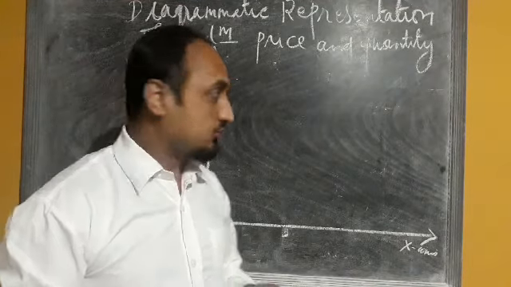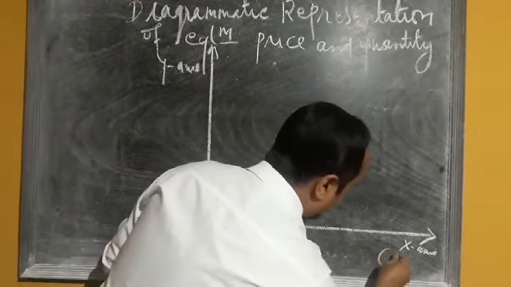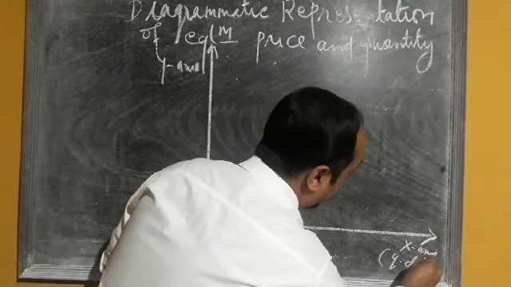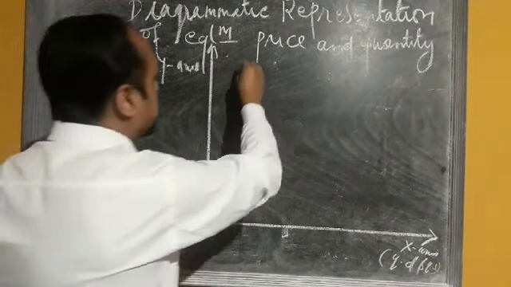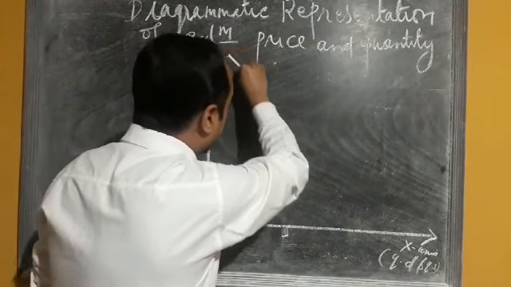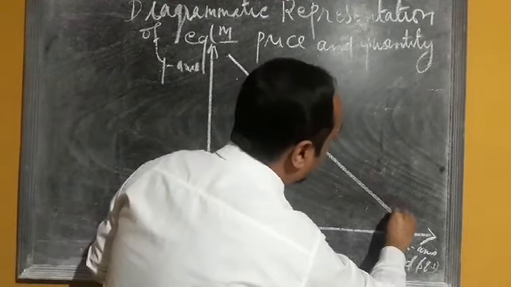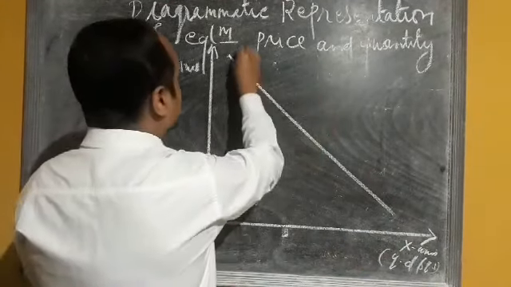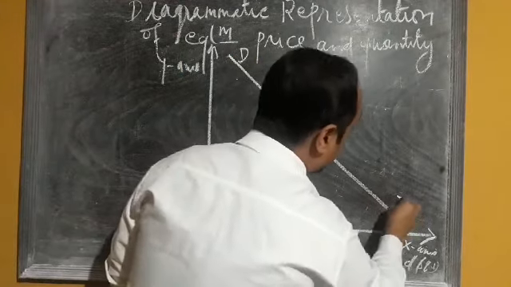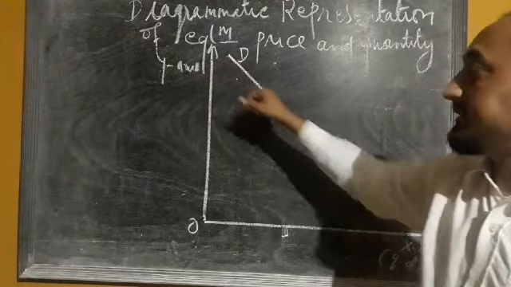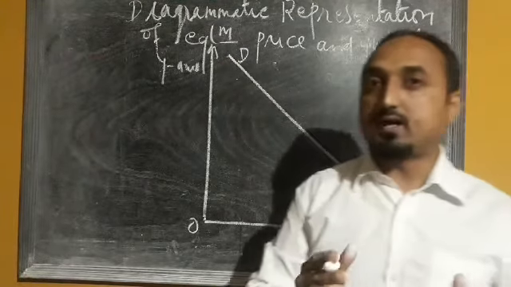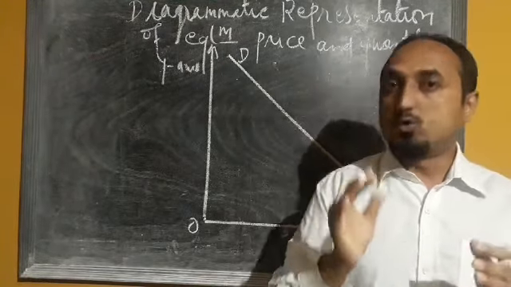Here we are measuring quantity demand and quantity supply. We know that the shape of the demand curve will be downward sloping. So let's represent this one, DD, as the quantity demand. Here DD represents quantity demand, and demand is downward sloping.